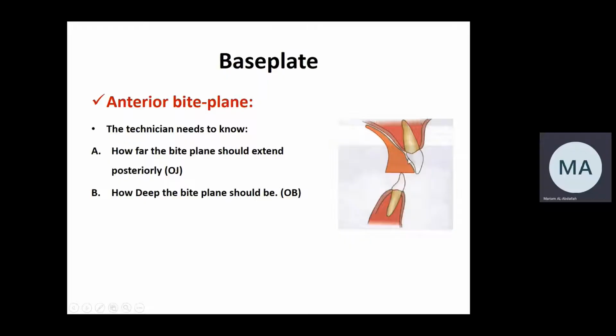The first stage has enough depth of bite plane to separate the buccal segment 2 to 3 millimeters. When the buccal segment erupts into that space and comes in contact with the upper molars, we add a new layer of acrylic. We build the anterior bite plane further so that we have another 2 to 3 millimeters of separation, and so on until we get a proper overbite reduction for those patients.